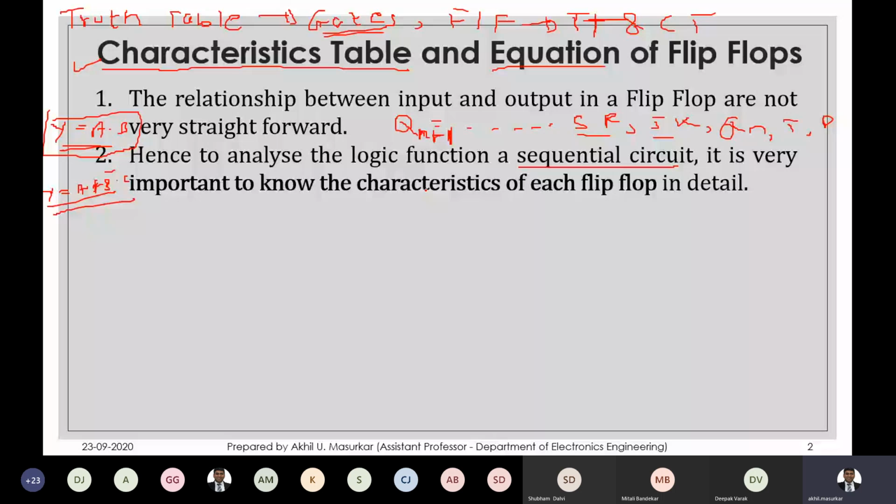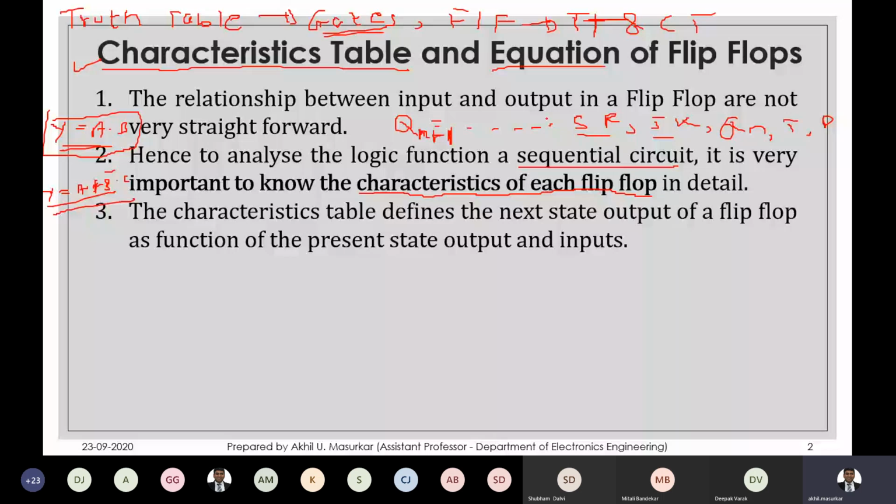Now let us look at the first thing. The characteristic table defines the next state output of the flip-flop. Next state means Qn plus 1 of a flip-flop as a function of the present state output and inputs.